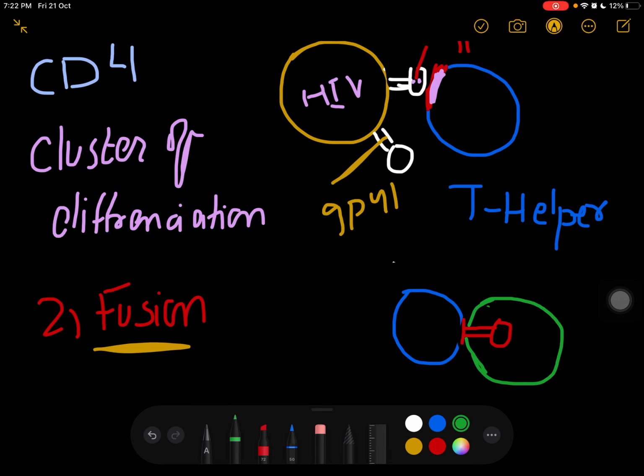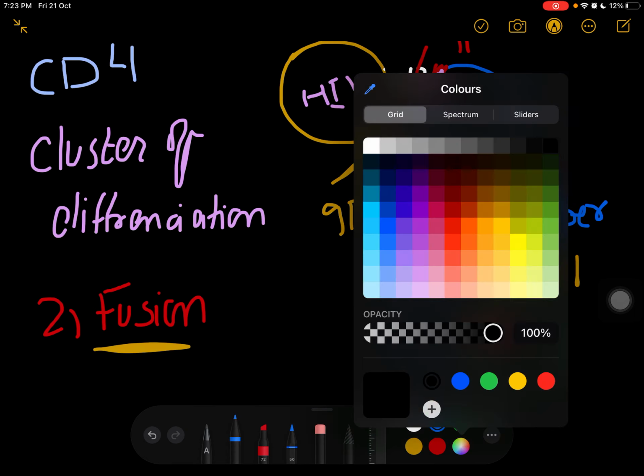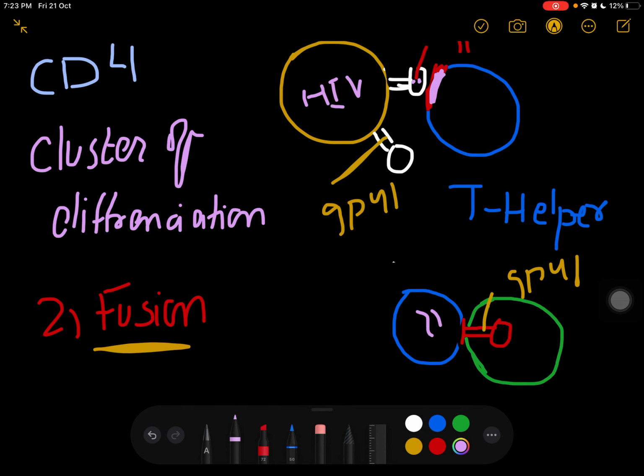When it fuses, it sheds its protective coat and enters the RNA along with the enzymes. GP41 enters the cell and inserts its viral RNA into it.